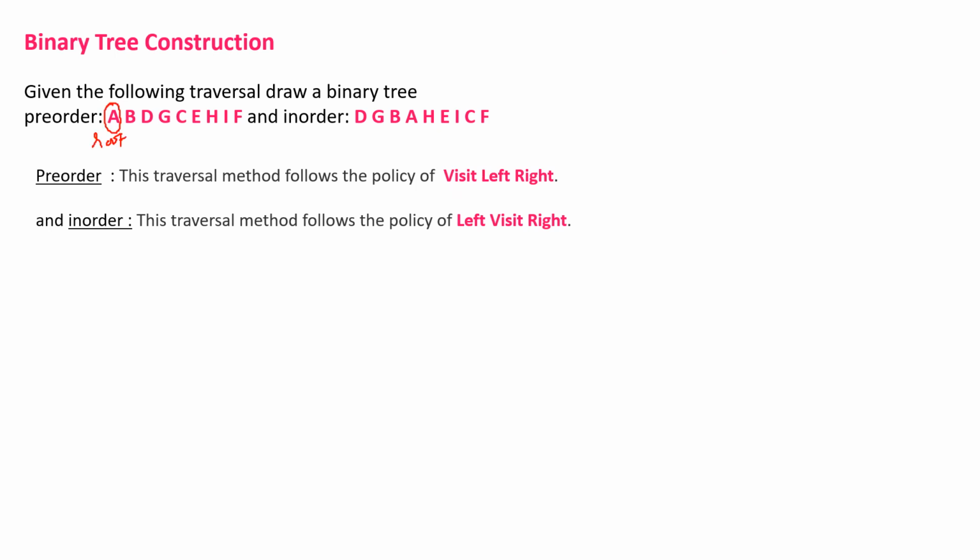Inorder traversal method follows the policy of left visit right. Here, left visit right means the left subtree of the node is traversed first, then the node is visited, and then the right subtree of the node is traversed. So by looking at the inorder traversal we can identify which nodes are there in the left subtree and which nodes are there in the right subtree.